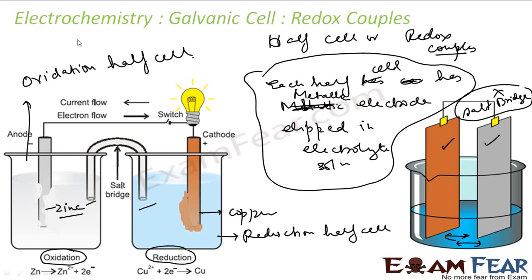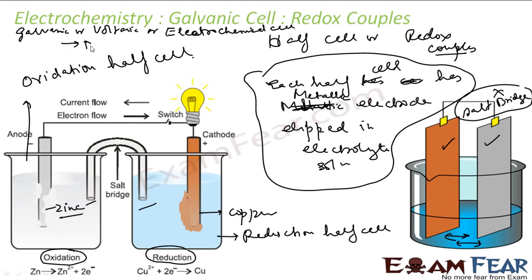Similarly, you can have n number of types of galvanic cell, right? Galvanic or voltaic or electrochemical, they all mean the same thing.